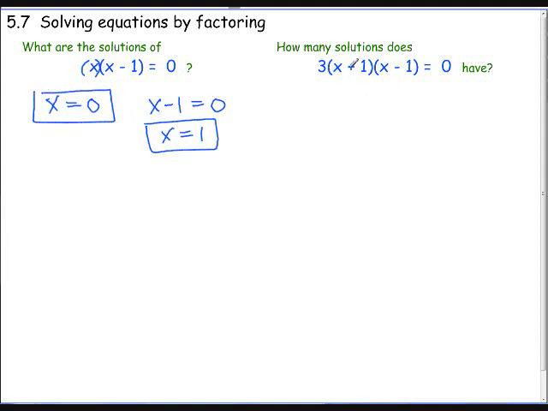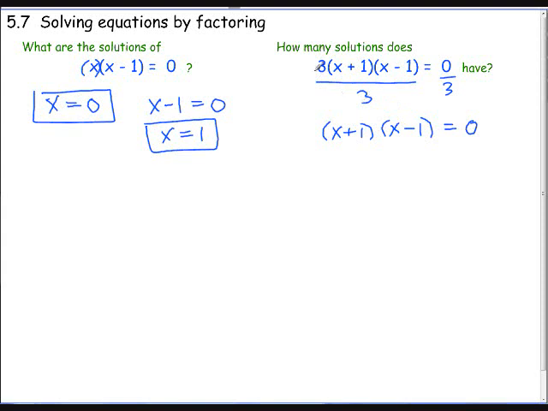How many solutions will this have? Well, we're going to divide the constant out of here to simplify it a little bit. That makes it more evident to us, doesn't it? By the way, we never divide out our variable, never.